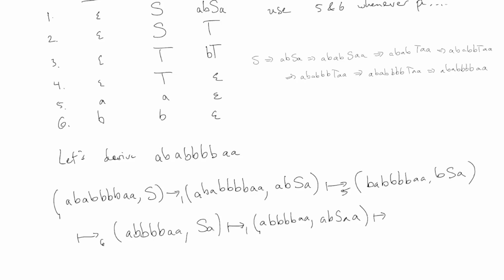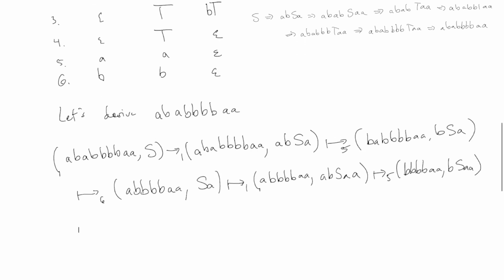So I go 5 here, becomes B, B, B, B, A, B, S, A. And then I'm going to do 6 to clear the B's. 1B. I have 3 remaining. B, B, B, A, S, A, like so. All right. Getting somewhere here.